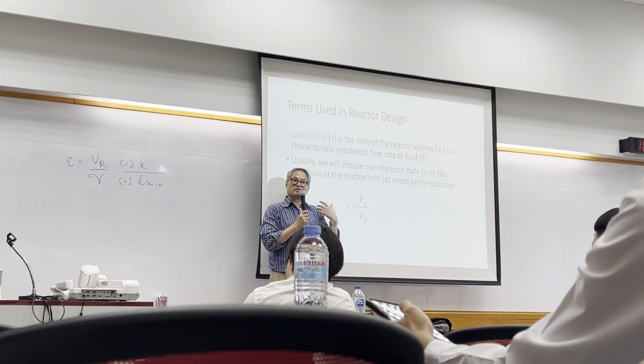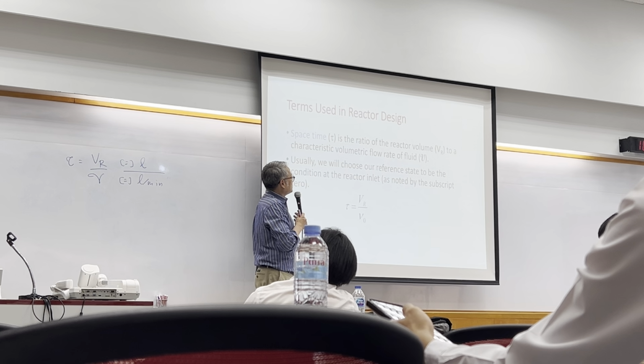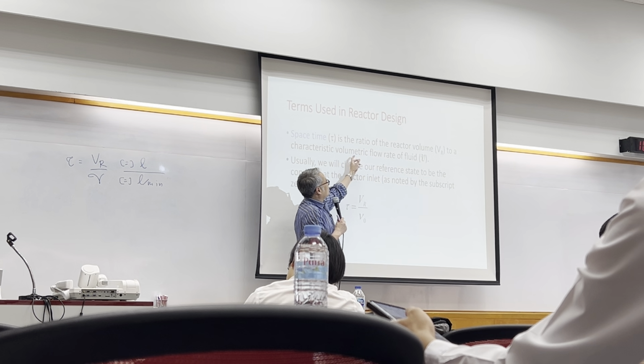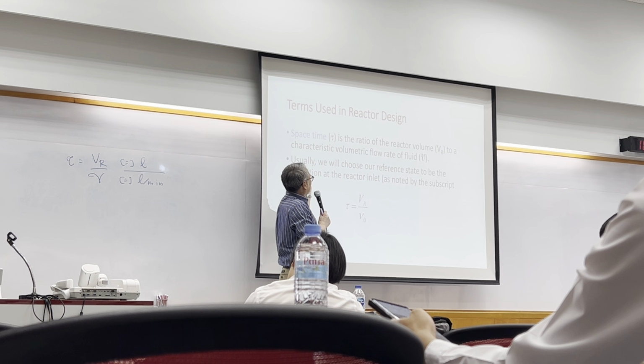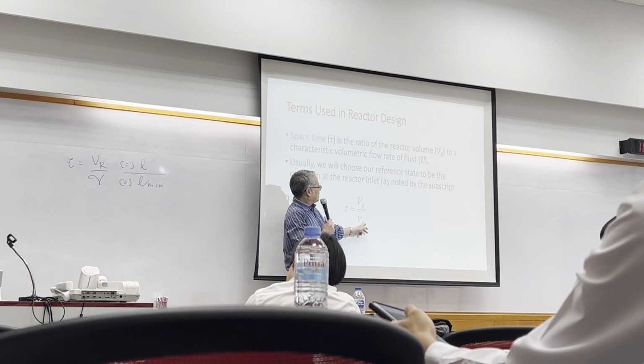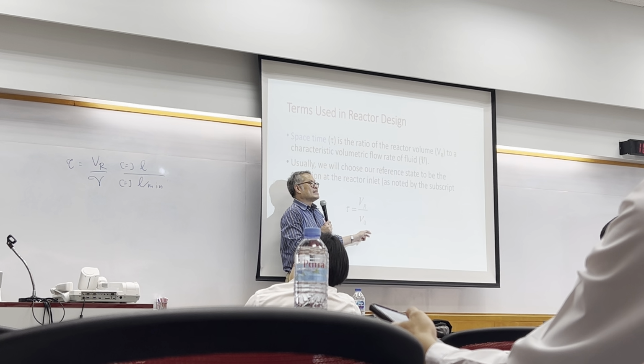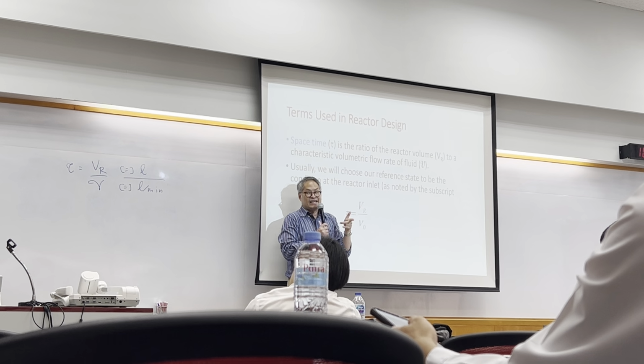So that will change the flow rate, right? But usually we will choose a reference state for the volumetric flow rate to be the condition at the inlet. Okay, that's why I put a little zero here to indicate that it's based on the condition of the inlet. Okay.